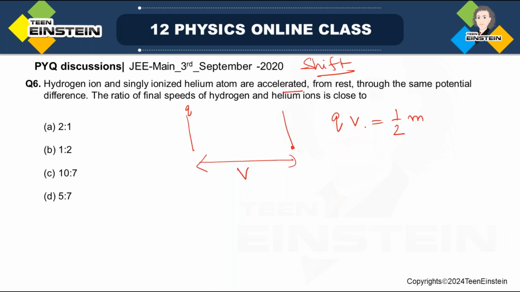So this potential energy gets converted into half m v square.